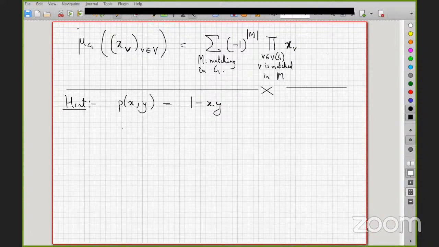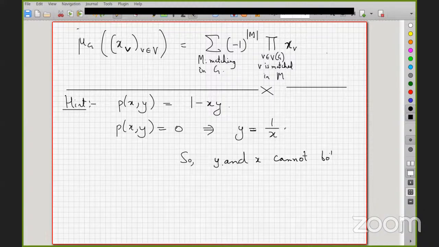Suppose p(x, y) equals 0, which implies y equals 1 by x, and they always have different signs of imaginary part. So y and x cannot both have positive imaginary part. Okay, good.